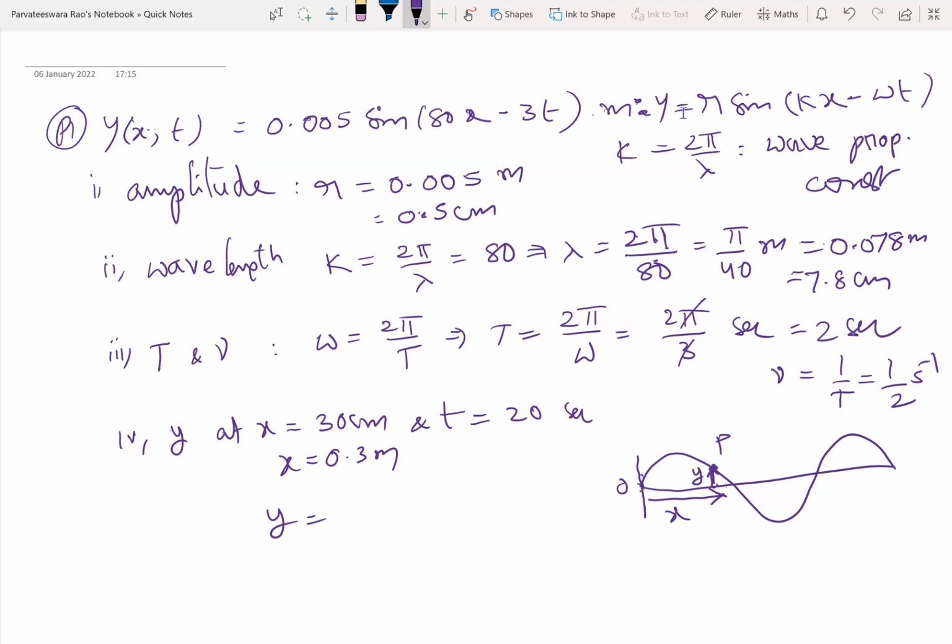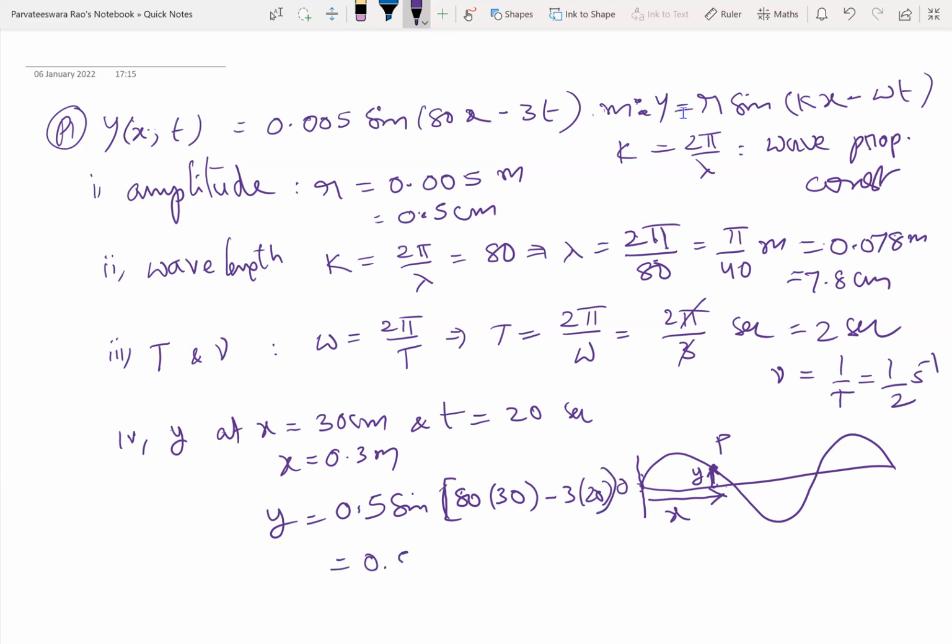So it can be put as 0.5 sine (k, how much we got, 80, into 30 in centimeters, minus 3 into 20).